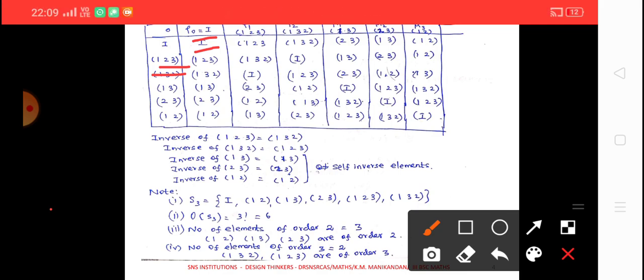So (1 2 3) composed with I gives (1 2 3), (1 3 2) gives (1 3 2), (2 3) gives (2 3), and (1 2) gives (1 2).